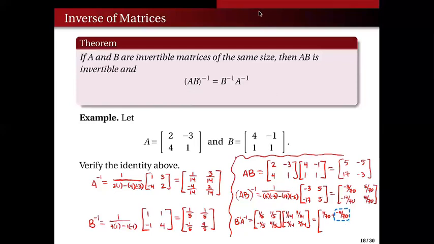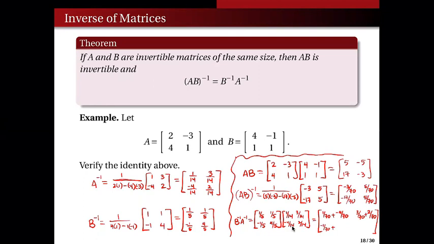But you will see all of these terms will appear. Next, you have 1 over 5 times 3 over 14. So you have 3 over 70, plus 1 over 5 times 2 over 14. So that's plus 2 over 70. And that's your 5 over 70 here. And then second row, first column, negative 1 over 5 times 1 over 14. That's negative 1 over 70 plus 4 over 5 times negative 4 over 14.